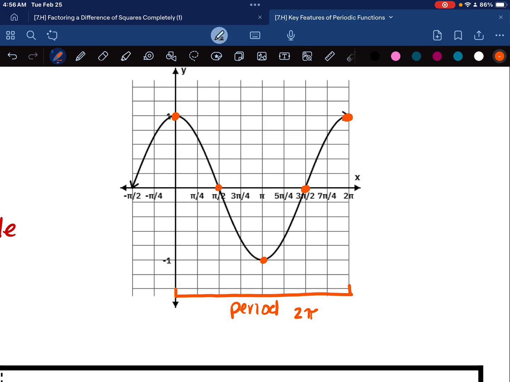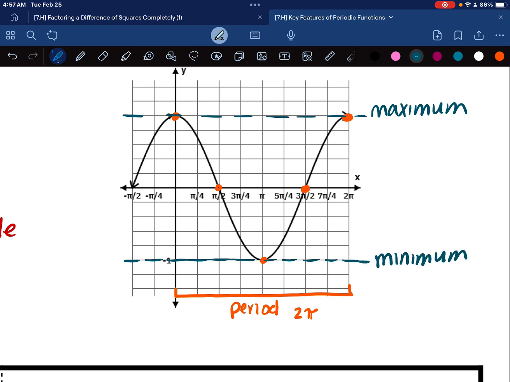If I draw in our little lines, this here's the maximum. This here's the minimum. And halfway between the two is the midline, which on this one is currently y equals 0.